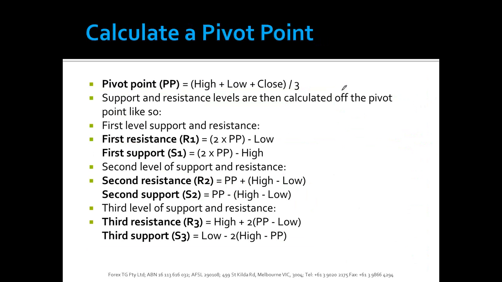Okay, so here's a calculation to calculate a pivot point. We've got high plus low plus close divided by 3. So when we're discussing a high plus low plus close, I just want to show you how it's calculated, depending on your chart.